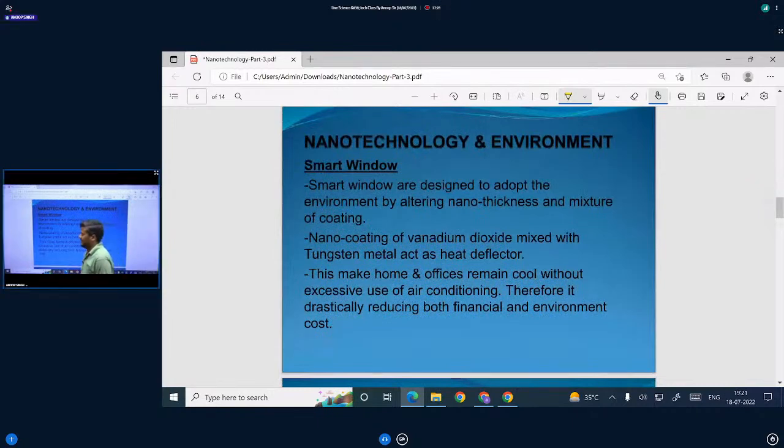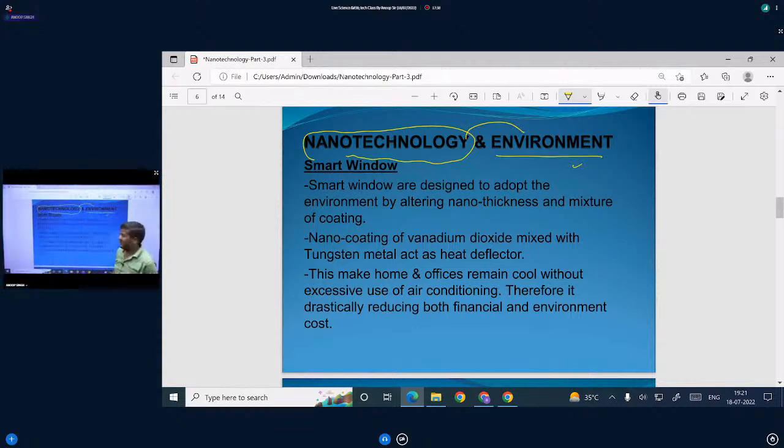Now we will see how nanotechnology is helpful in the environment. Those regions where the temperature is very high, for example, Gulf countries, where the temperature is almost around 50 degrees Celsius, there smart windows are used.